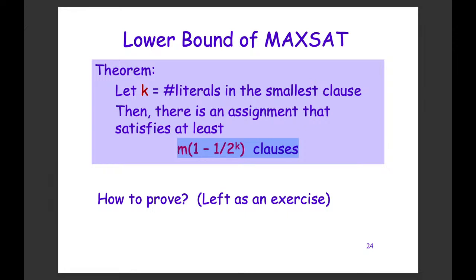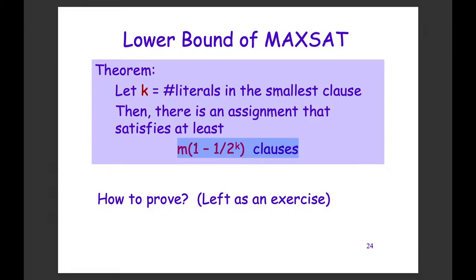The way here is we're using an extremely similar method as we do for the max cut. So in the max cut, what are we doing? We are partitioning the vertices into 2 groups, so that each vertex has the same chance to be in the first group or the second group. And how about this one? Can we define a certain probability space with some random assignment?